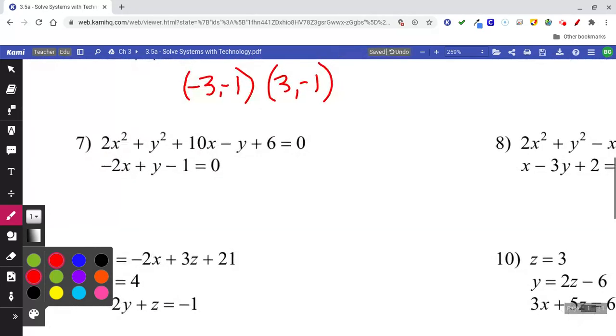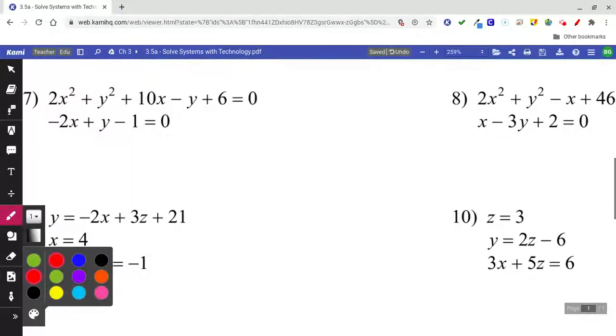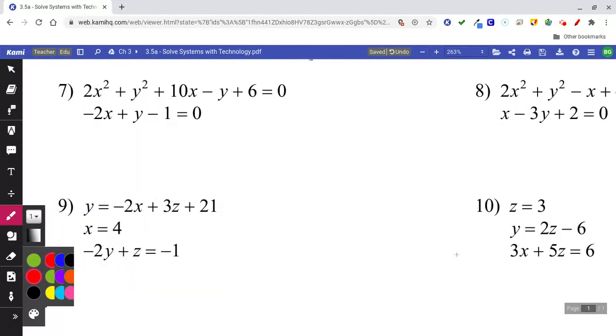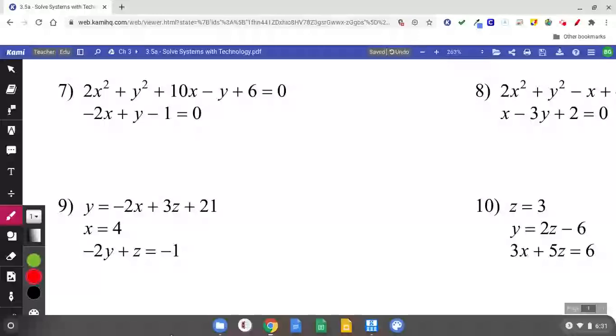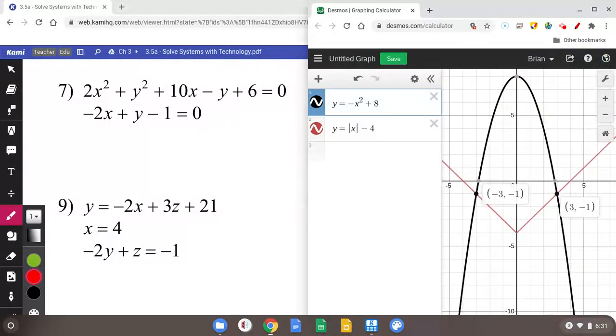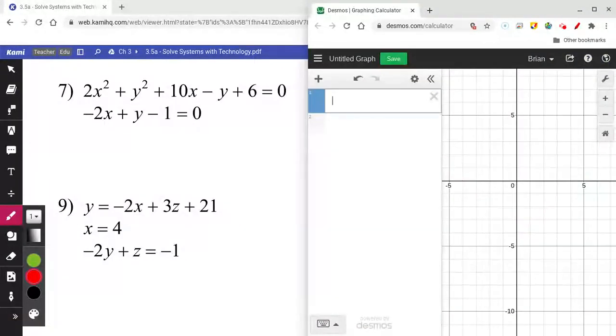All right, number 7, you may not recognize what these shapes are, okay? But that's okay. It doesn't really matter because we can let Desmos do the work. So this first equation, 2x, and the caret is shift 6.